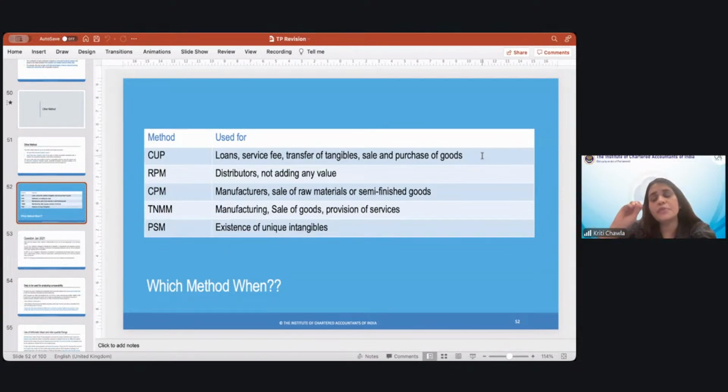As long as you have net profitability available, you can use the TNMM method. And PSM when there is existence of unique intangibles, or when the transactions are very interrelated to each other. And finally, there is also the other method which is using third party quotations, but that is a method which is specific to India. Just remember that.